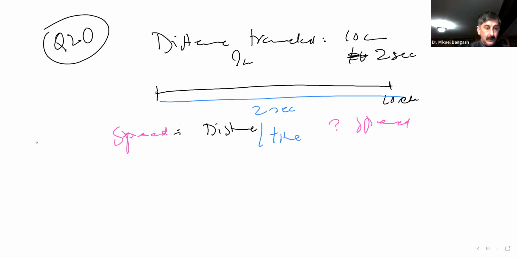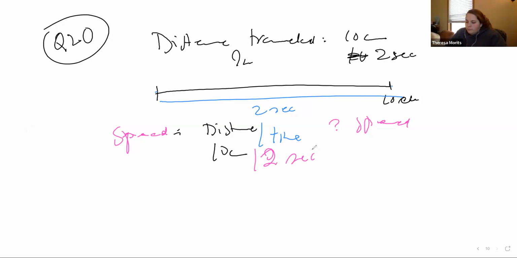So you can mainly say the speed of the sound is going to be 10 centimeters per 2 seconds. Now, guys, do we have that as an option? No. You may say 10 centimeters per second, but that's not the same as 2 seconds, because here it was taking the time of 2 seconds.